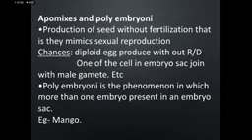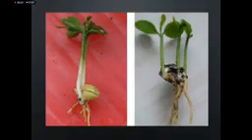That condition is called polyembryony. That means more than one embryo is present in plants. During germination, one of these embryos gets dominance and produces a new plant. The others will be diminished or eliminated. In most cases, both are eliminated. In a few cases, one gets dominance and the other gets eliminated.